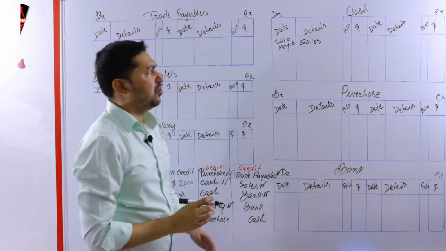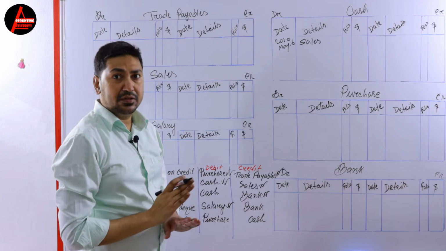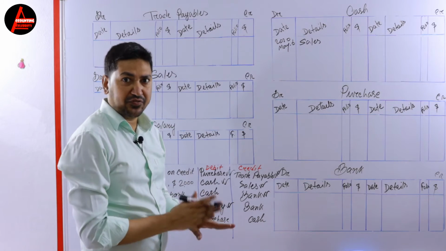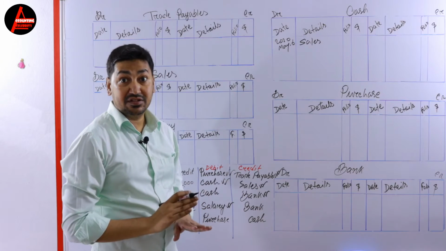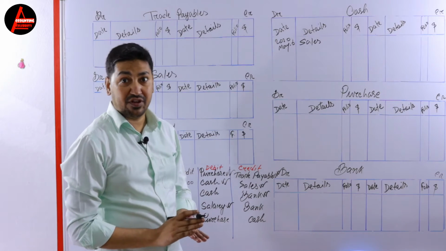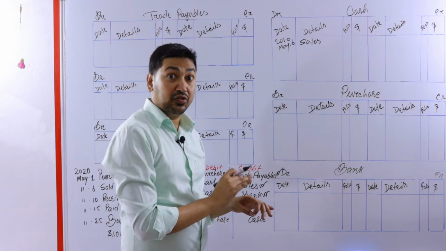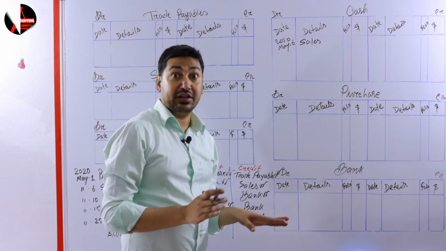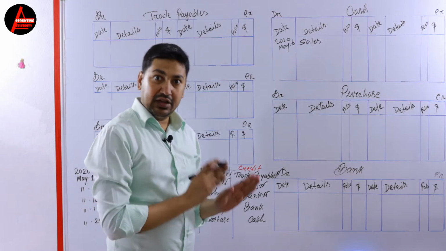Here you have a folio column. Students do not need to write the folio number. Folio number means reference number. Reference number is not in your syllabus, so you don't have to write it. But you need to keep this column. Don't think that because we don't have anything to write in the folio column, we will not draw it. No, this is the format.